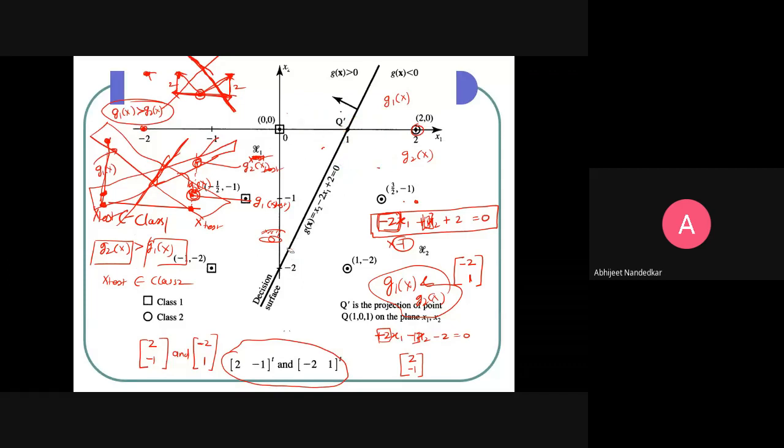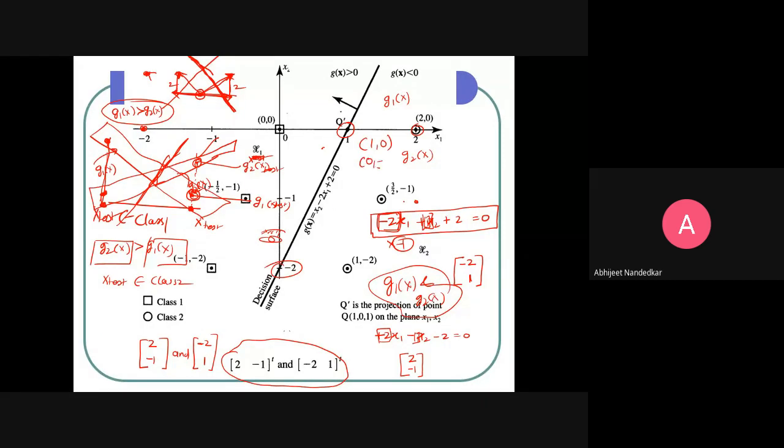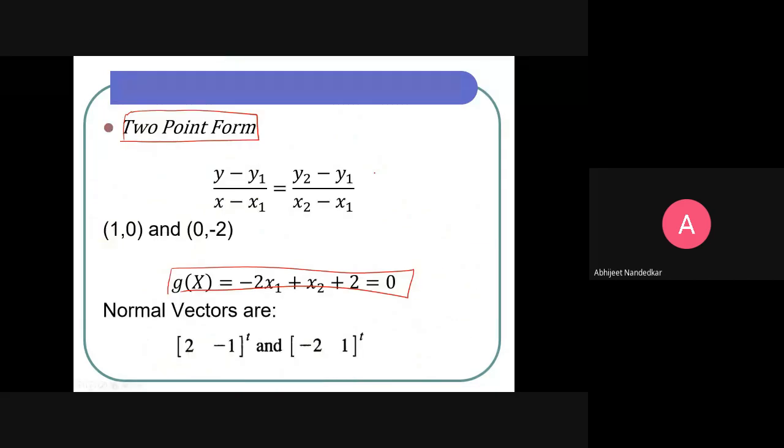Suppose I am drawing this black line, then I have an intersection here and an intersection here. So this is 1, 0, and the second point is 0, -2. So I take these two points, 1, 0 and 0, -2, and use two-point form to find out the line equation. You can just substitute the basic values of x and y, x1, y1 and x2, y2, and you will easily find this equation.